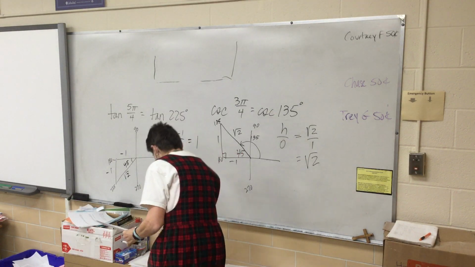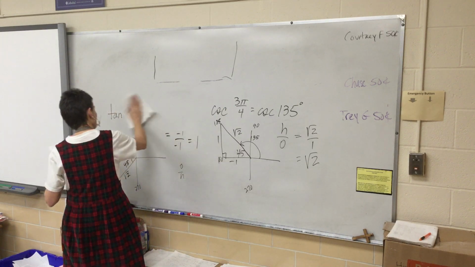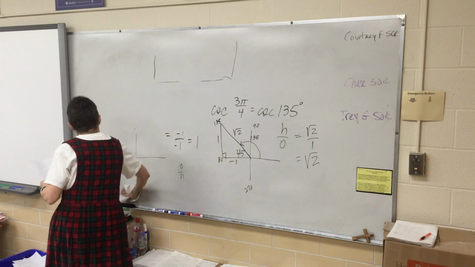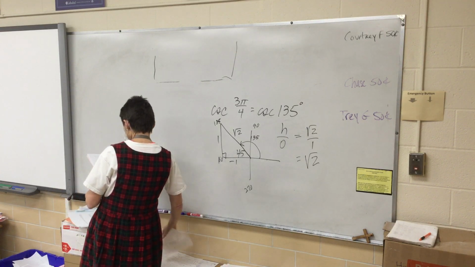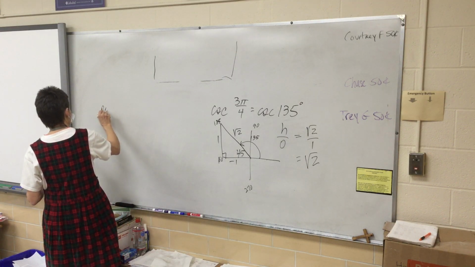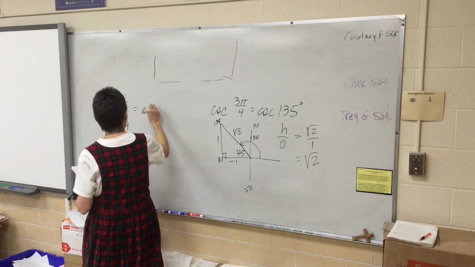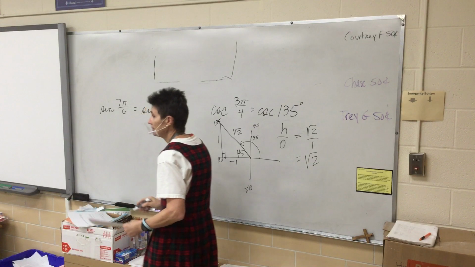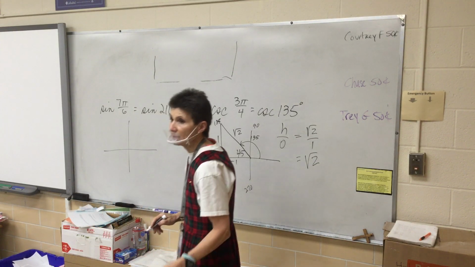All right. Do step 1 of E. What's going to be your step 1? Yep. So tell me what 7 pi over 6 is. 210. So we're going to draw 210. So take a minute and see if you can get 210 drawn in the right spot.